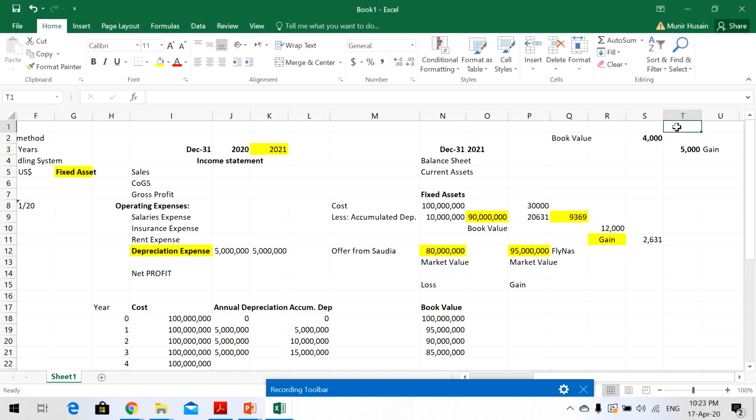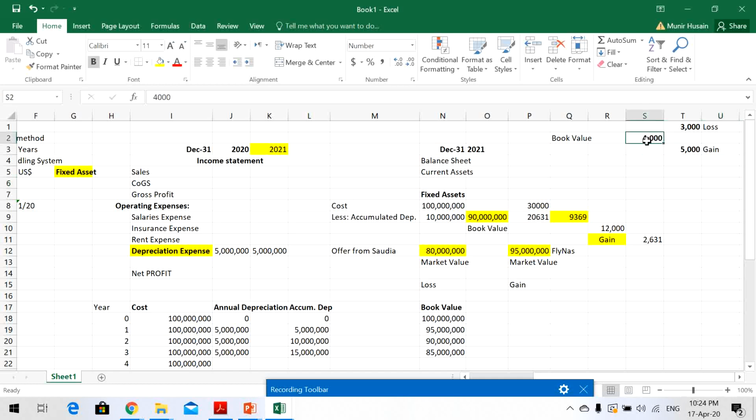What if they give us a discount of 3,000? Then in that case we have a loss. But this gain or loss is what we call an unrealized gain, meaning they did not give us the money. They just give us a discount on purchasing a machine.